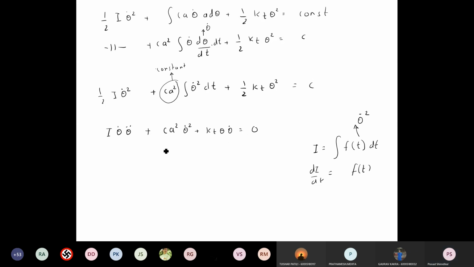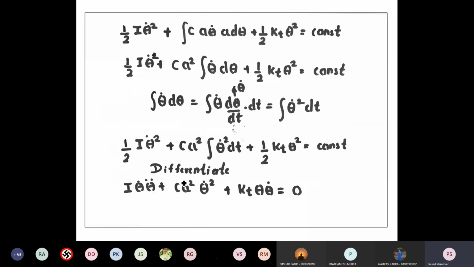So theta dot gets cancelled, and we get our equation: I theta double dot plus C a square theta dot plus k torsional theta is equal to 0, which is our equation.